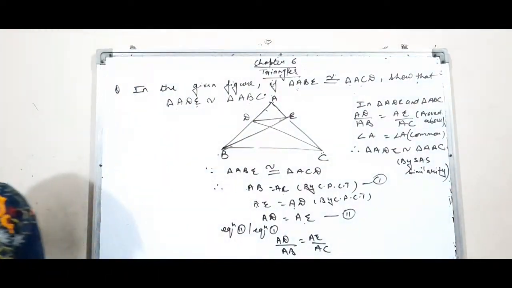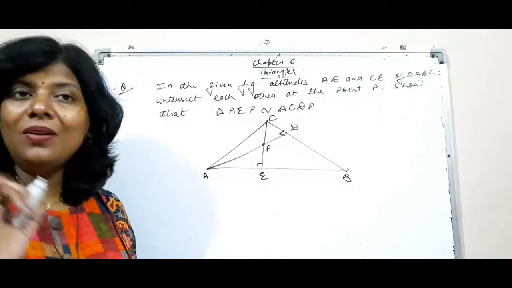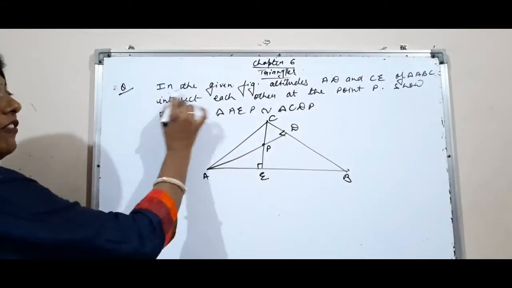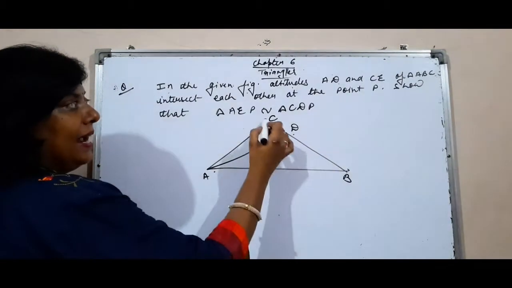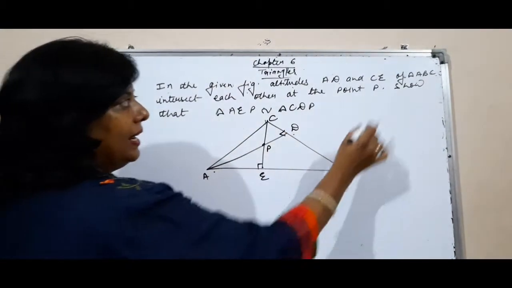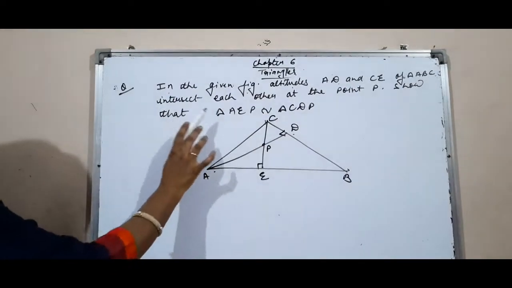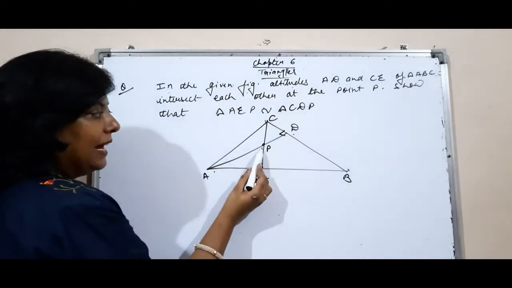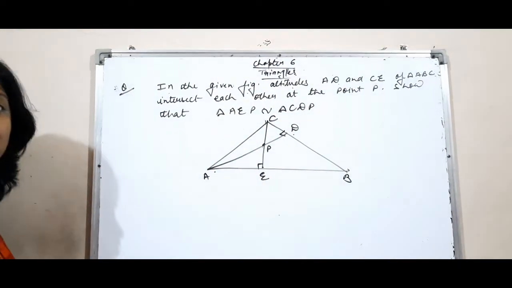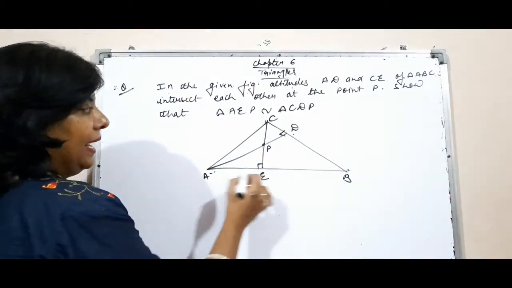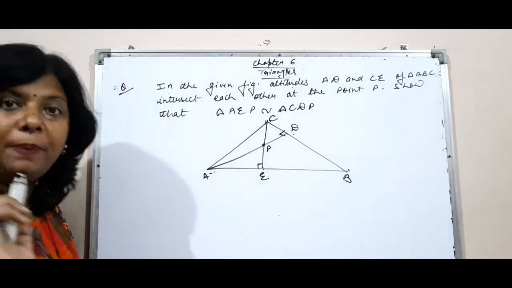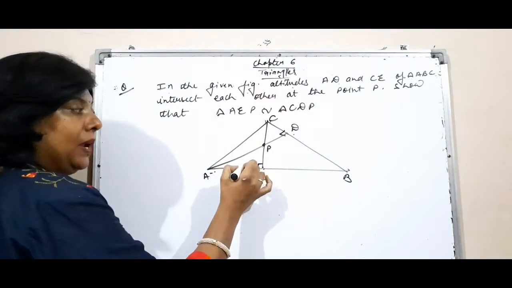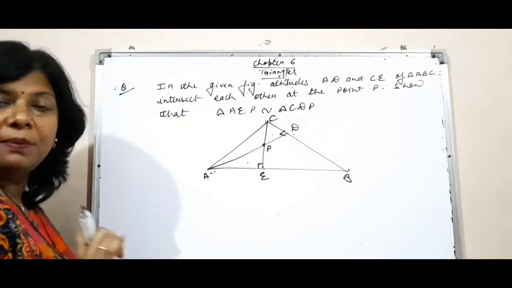Okay, now the next question is, in the given figure, altitudes AD and CE of triangle ABC intersect each other at the point P. Show that triangle AEP is similar to the triangle CDP. आपको AEP को और CDP को similar prove करना है.